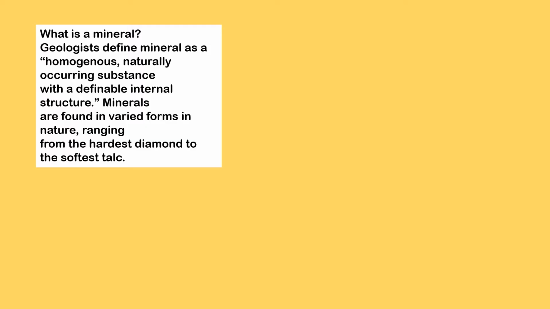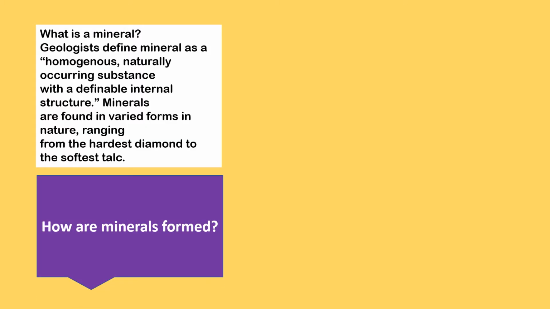You can see it from the hardest, diamond, to the softest, talc. So you can see these three main points. If you look at different types of minerals, they are homogeneous, natural, and have a definable internal structure.